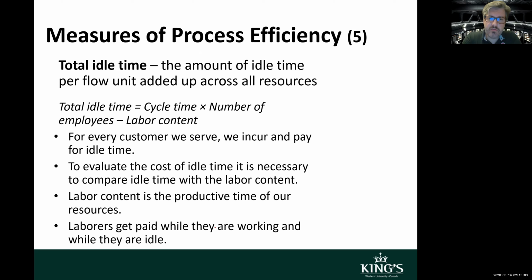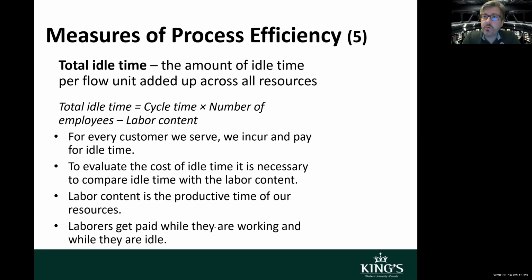So if we evaluate the cost of idle time, we should be able to compare that with the amount of labor content. So what is the ratio between those two? Laborers get paid while they're working and while they're idle.